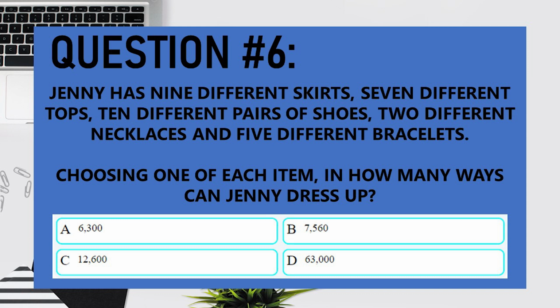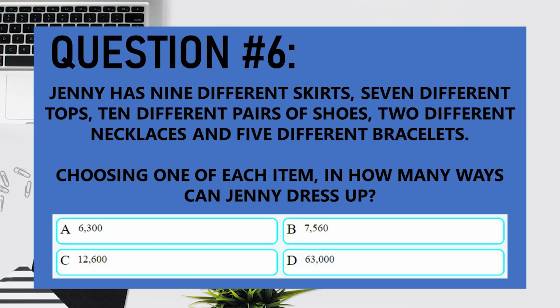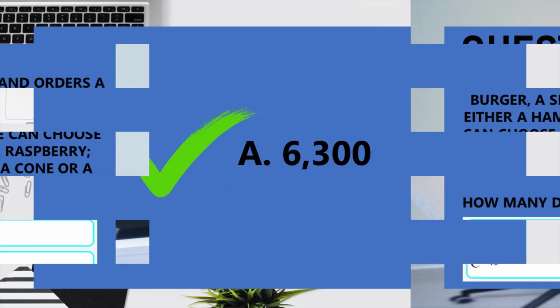Or letter D, 63,000. And the correct answer is letter A, 6,300.